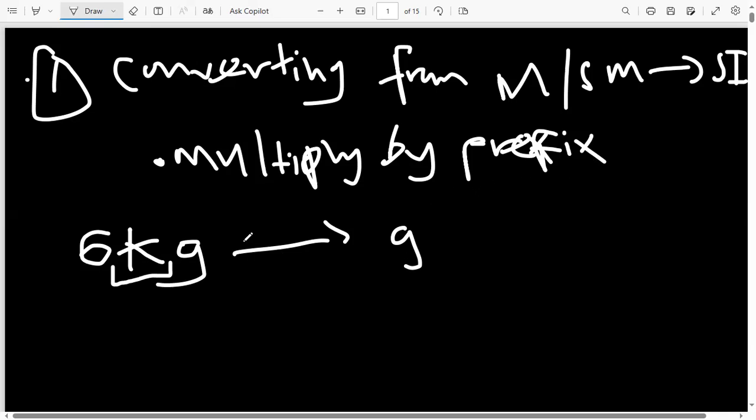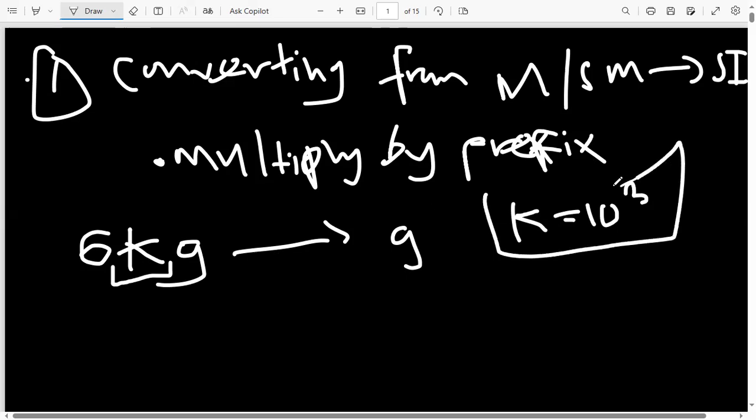So what is the prefix in this conversion? The prefix is this kilo here. So you have to know those prefixes that I gave. You have to know that kilo means 10 to the power 3.